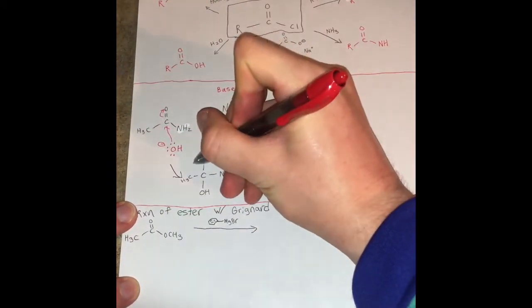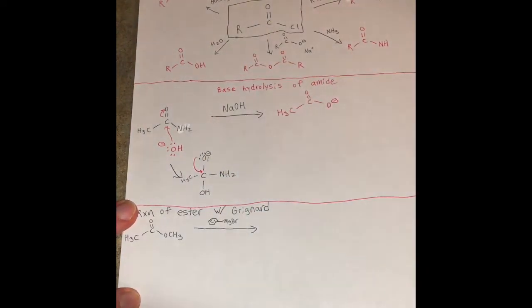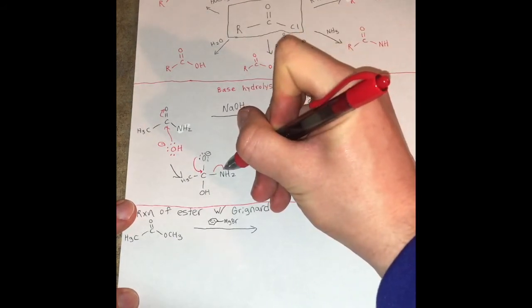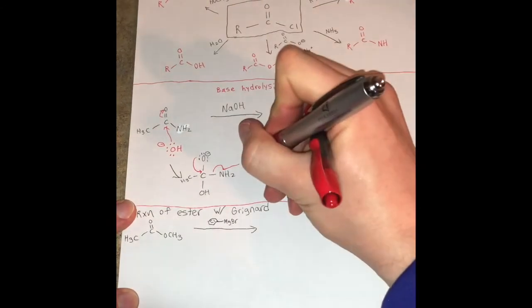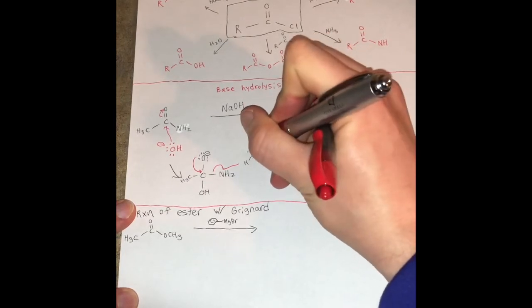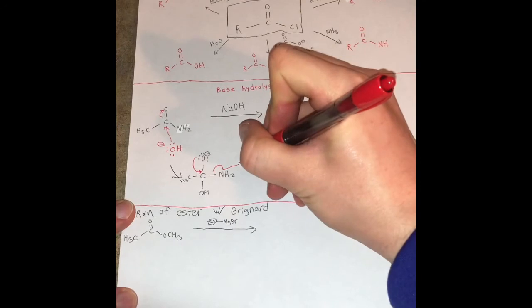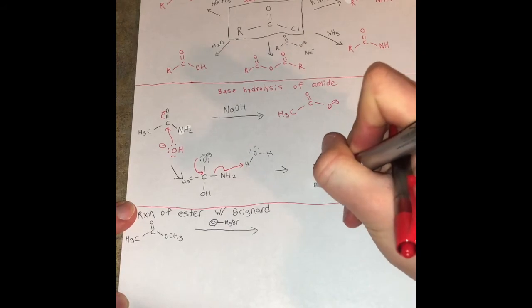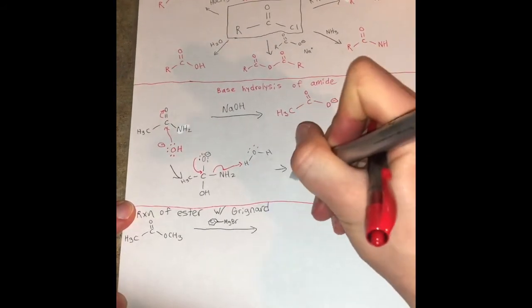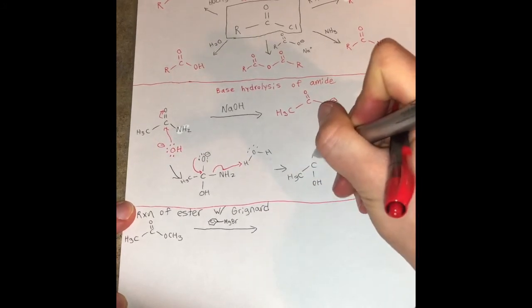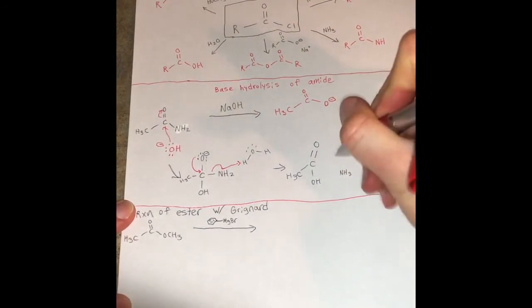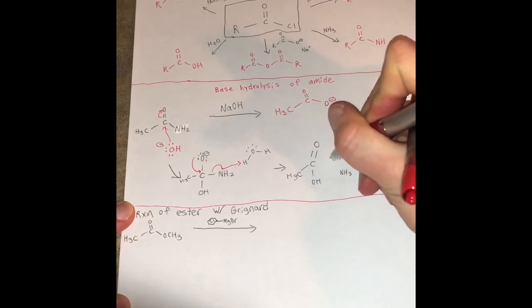One pair of these electrons will come down and make a double bond between O and C. That kicks off NH2, but the electrons that we just kicked off onto NH2 find a molecule of water, and that makes this NH3 now. And then we also just created another OH minus.